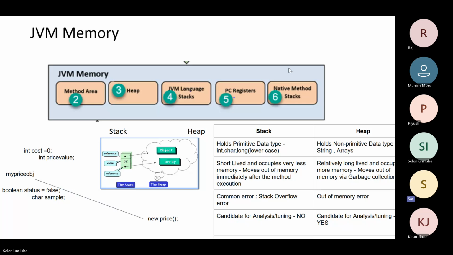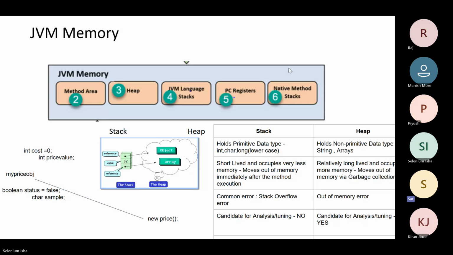Without an address, nobody can reach it, correct? Similarly, here every object will have 1 MB or 500 KB or 20 KB or 30 KB, and then the address of that will be there in the stack, and there will be a connection. So there is a lot behind this.